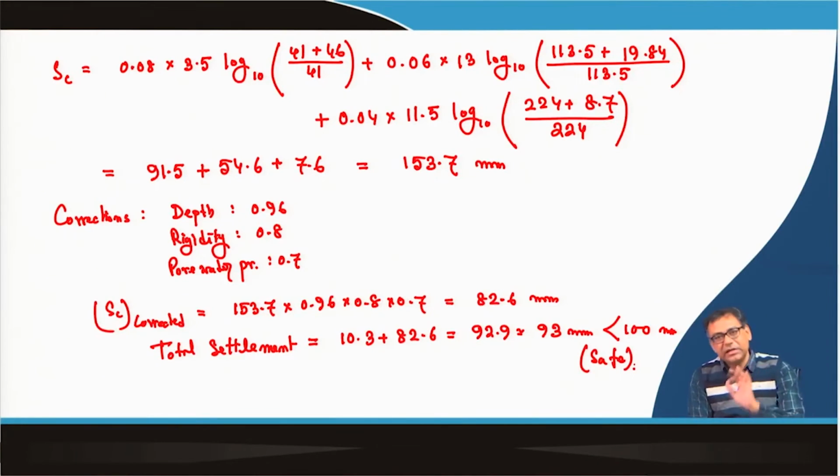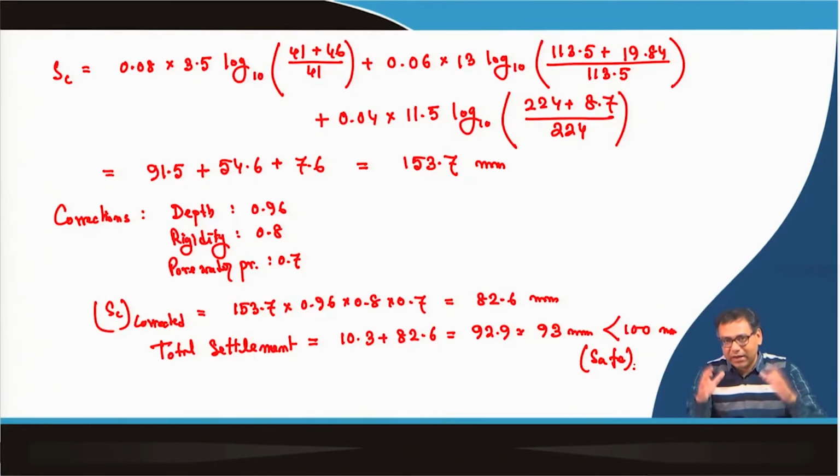But it is not over safe, it is properly safe, I should say, because this value is exactly close to 100. So, that means we can say that even if it is over safe against bearing, but in settlement it is not over safe.